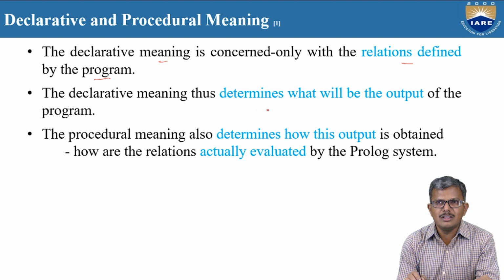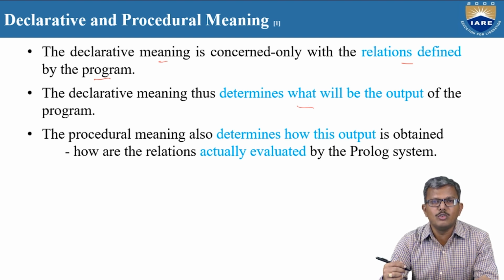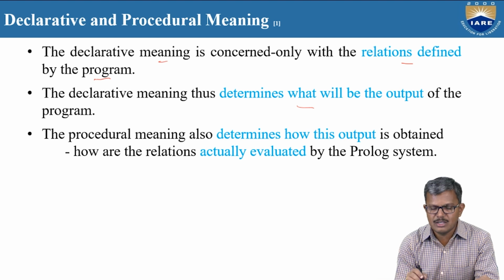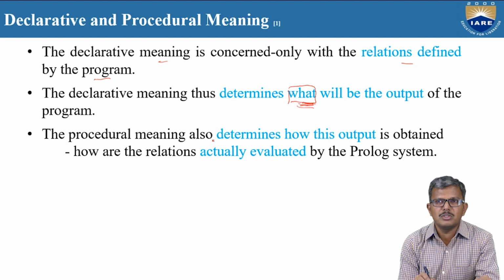So the declarative meaning determines what will be the output of the program, but it is not going to explain how that result has been obtained. The procedural meaning is also going to determine how this output is obtained.